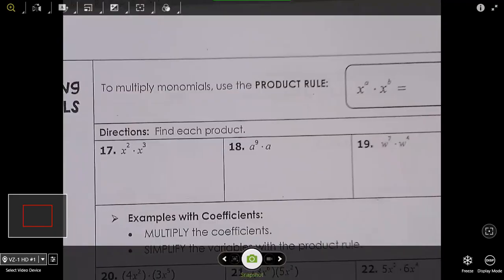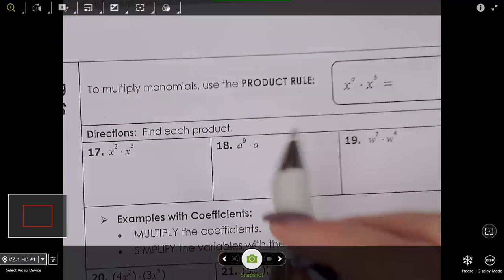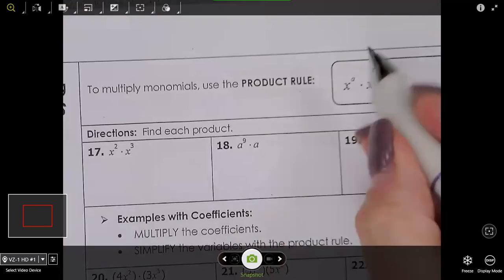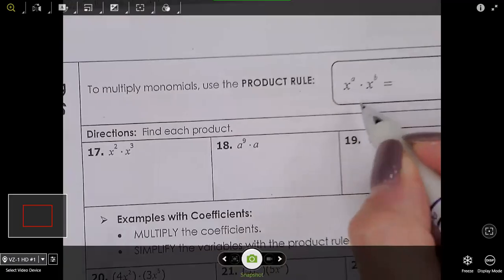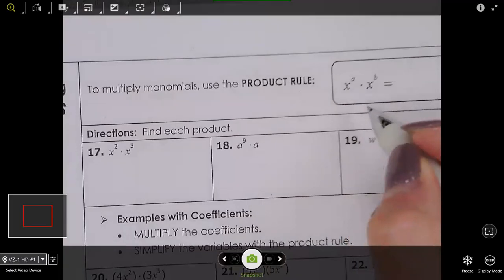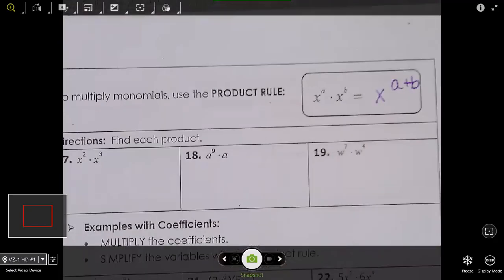But this is what the product rule says. And again, I tried to learn the rules and their names growing up and as a math teacher, but it just never made sense. But the product rule says that when I'm multiplying these variables with exponents, I'm going to add my exponents.